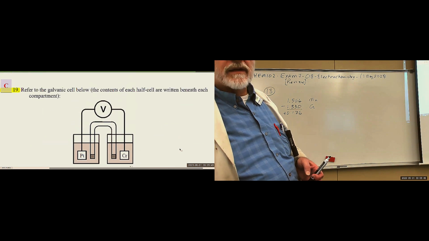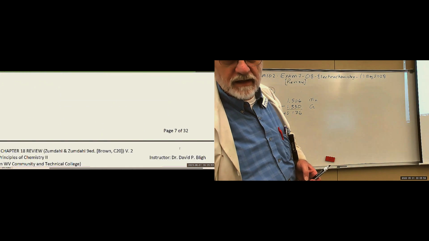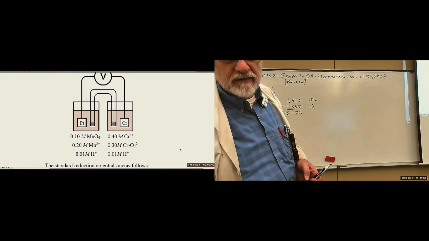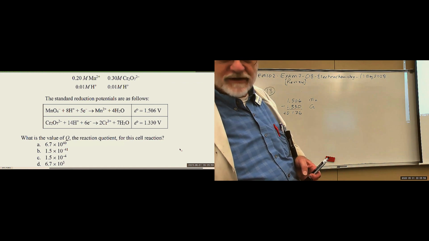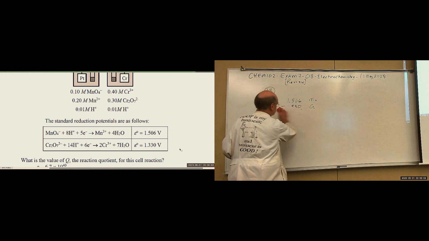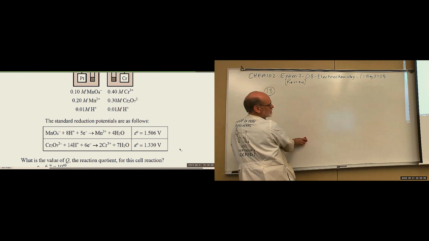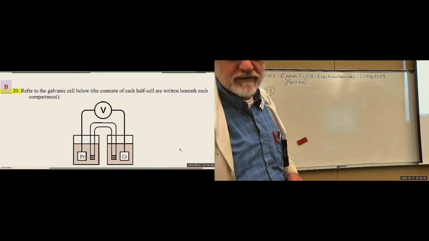Did I lose anybody? Okay. Here it comes. What's the value of Q for the reaction quotient? Now we got to do some. Was that 19? I did 19. I didn't mark it up there, did I?